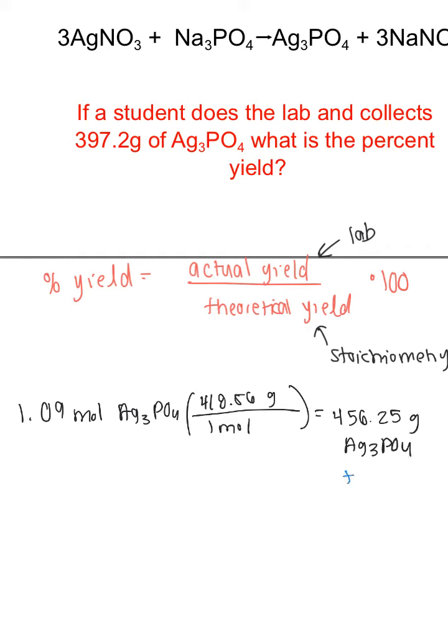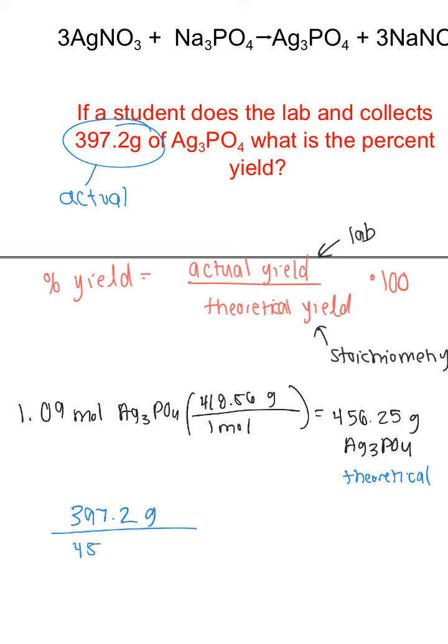This is my theoretical yield. And they said he did the lab and collects 397.2. That's the actual yield, like what you actually managed to get in the lab. So we're going to take 397.2 grams divided by 456.25 grams times 100%, and I get an 87.06% yield.